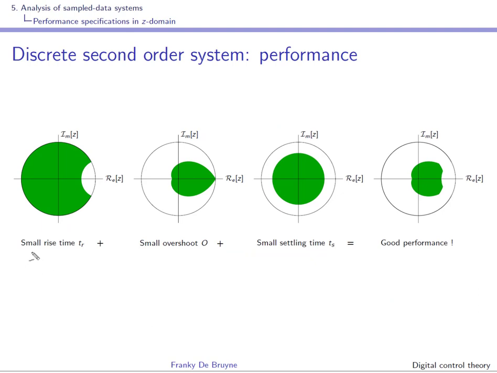We know that the rise time should be smaller or equal to some specified rise time. TR, the rise time, is approximately 1.8 over the natural frequency, so this imposes a constraint on the natural frequency that it has to be larger or equal to some specified natural frequency.